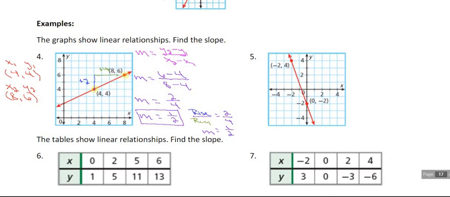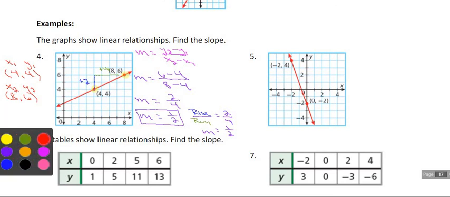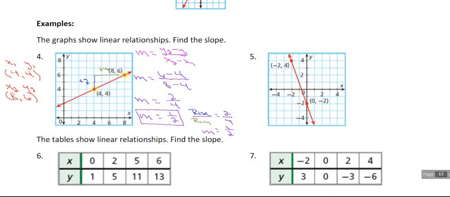Let's take a look at number 5. We're going to pull out these 2 perfect points that are labeled for us. So I'm going to label them out here. My first ordered pair I see is negative 2, 4. So I'm going to label x sub 1, y sub 1.